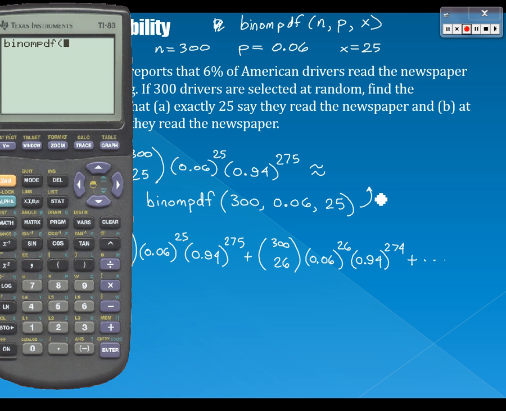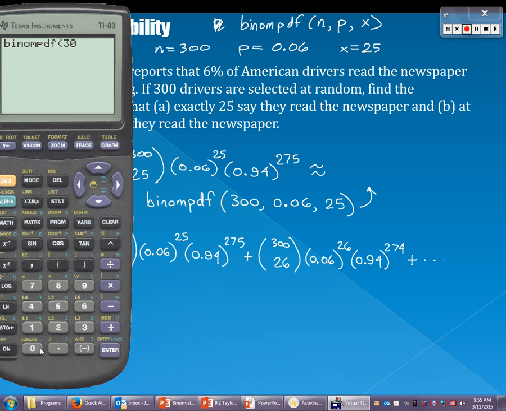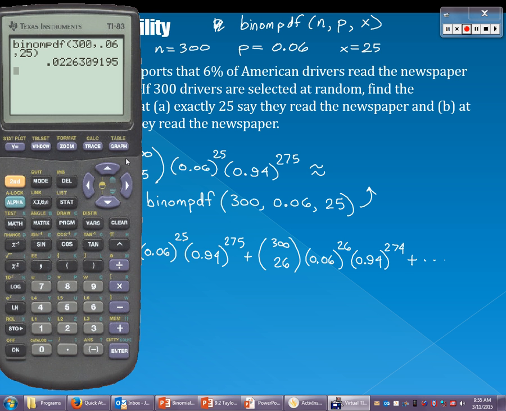And see if you don't get the same answer you already did. Did anyone do this already up here? Here, I have it right here. I can do it myself. 300, 0.06, comma, 25. Did everyone get 0.0226?